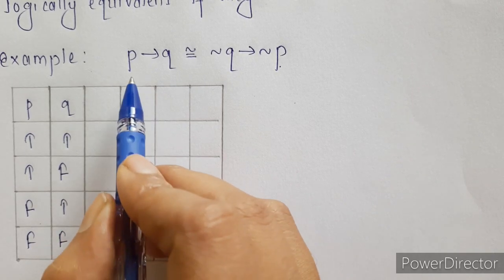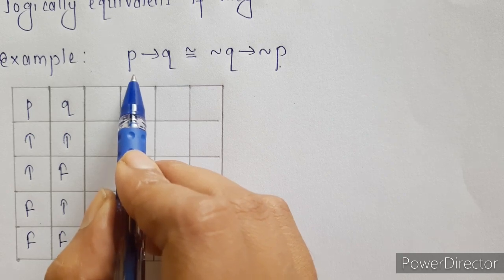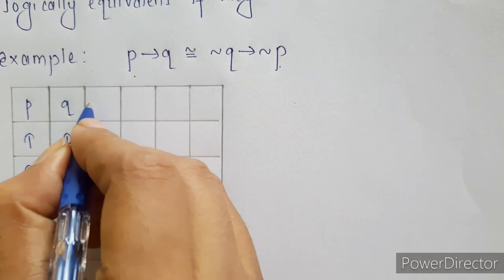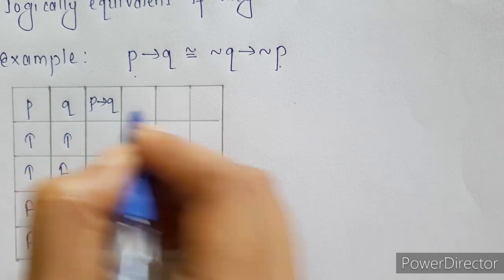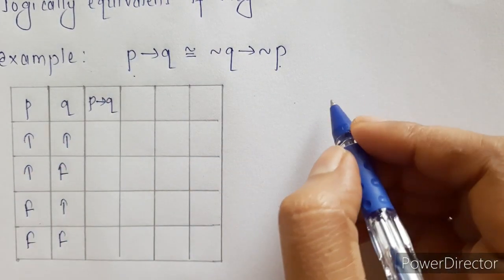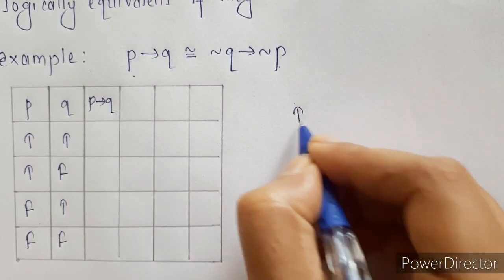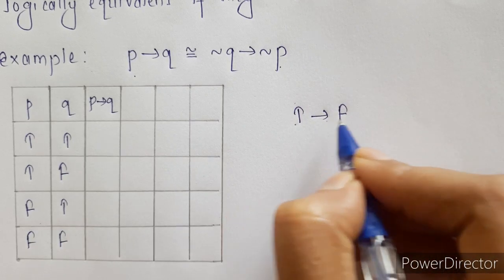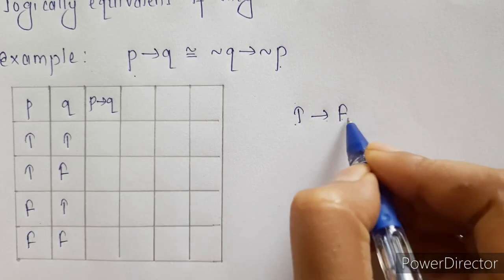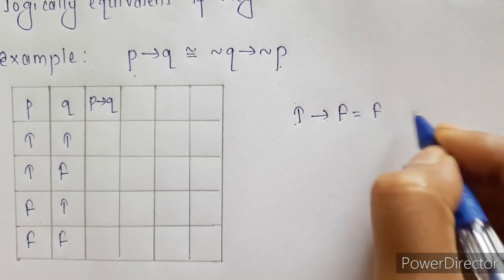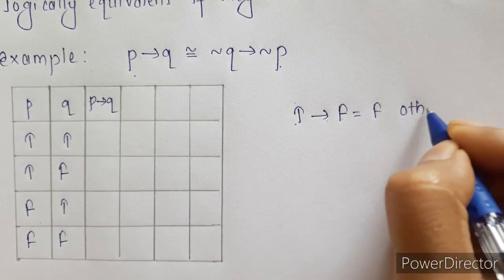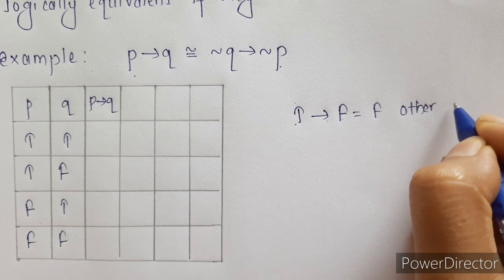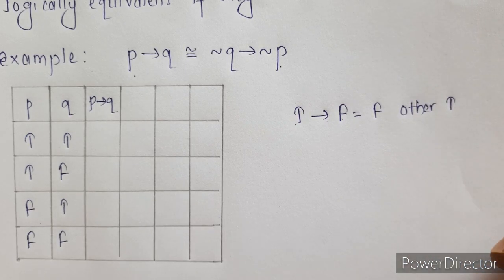So these are the conditions we have. Next thing is, let's write the truth table for P implies Q. Now whenever there is implication, that is conditional, if first is true implies false, hypothesis implies conclusion, it is false, otherwise for all other cases it is going to be true.